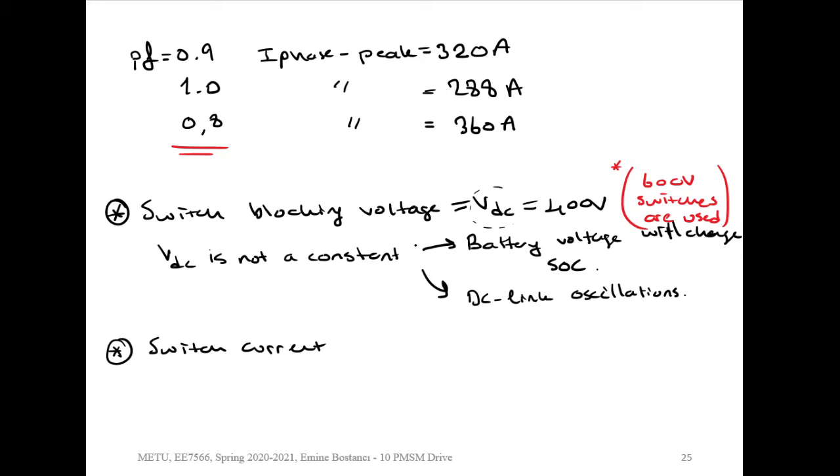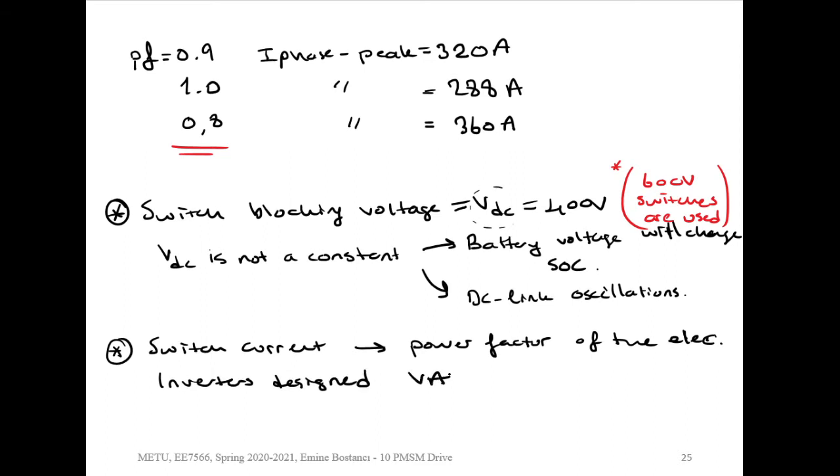It's going to be based on the power and also the power factor. It's going to be decided based on the power factor of the electric machine. And if you have a low power factor electric machine, you need to design an inverter with a high volt amp. So keep in mind, we design the inverters based on volt amps, not watts.